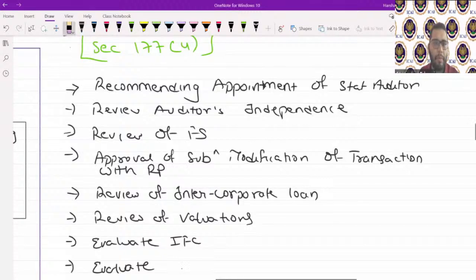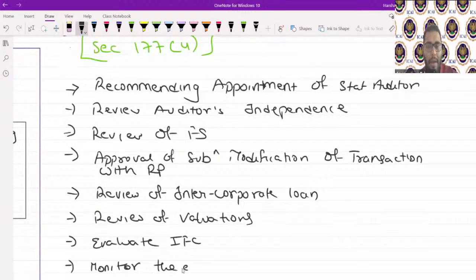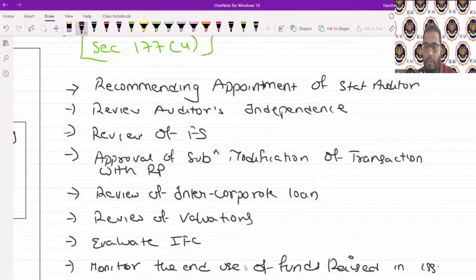Not evaluate, sorry, monitor the end use of funds raised in an issue.